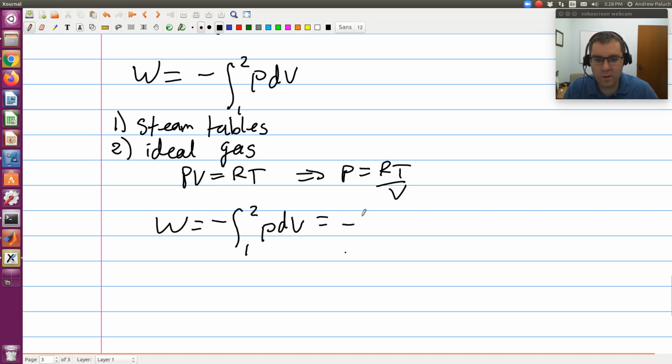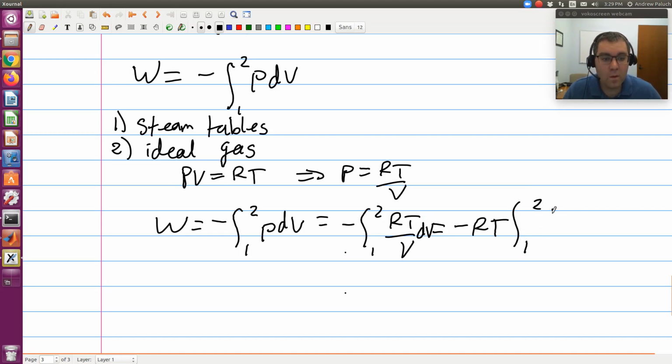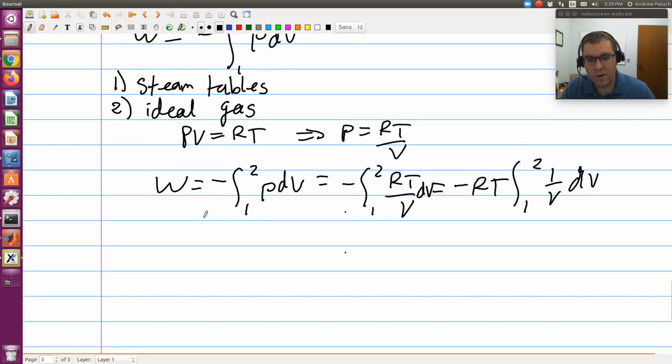I'm going to plug in my relationship for P, that's RT over V. Now R is my molar gas constant, and since I have an isothermal process, temperature is constant. So this is minus RT integral from 1 to 2, and I forgot dV here, integral from 1 to 2 of 1 over V dV. Integrating then, I get that W is equal to negative RT log V2 over V1.